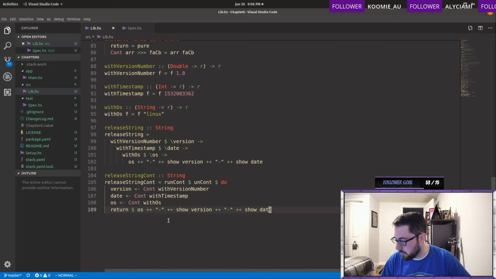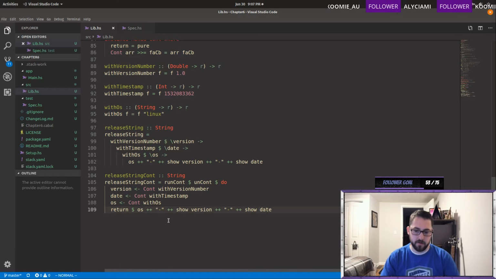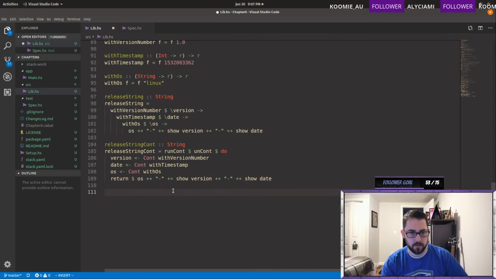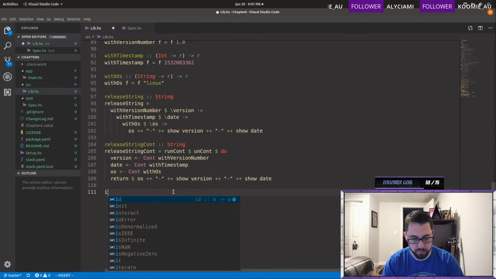There is also a monad transformer version of Cont. Implement it. Fun. Okay, let's see if I can remember how to do this. So first of all, I need to go get... No, I don't. I can just define it. But how do I define it again? Let's see if I can pull this.